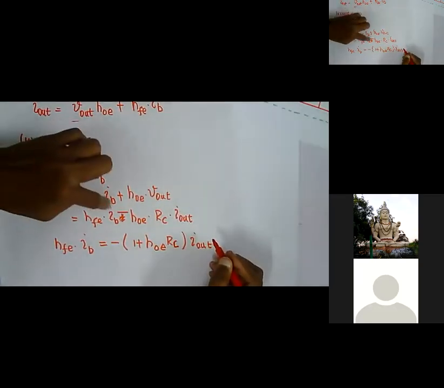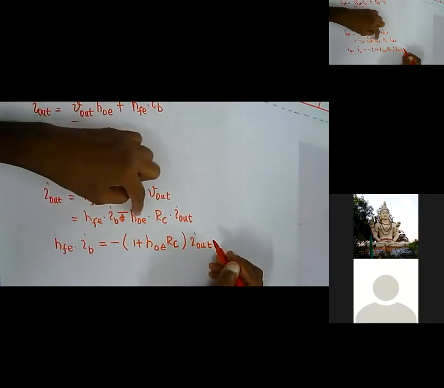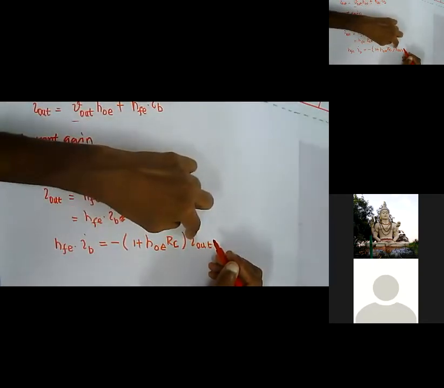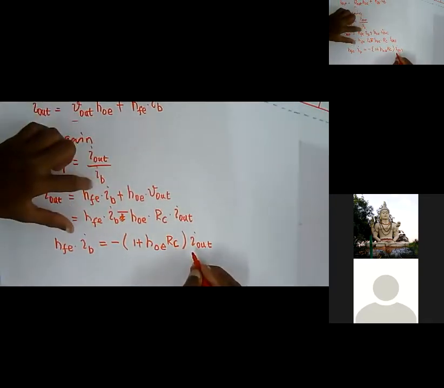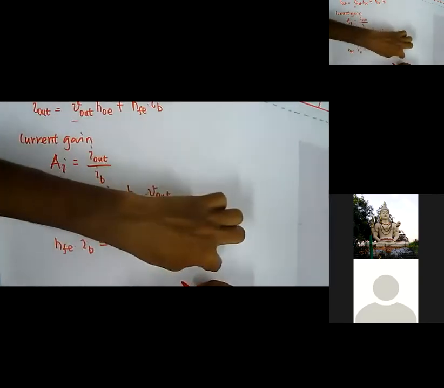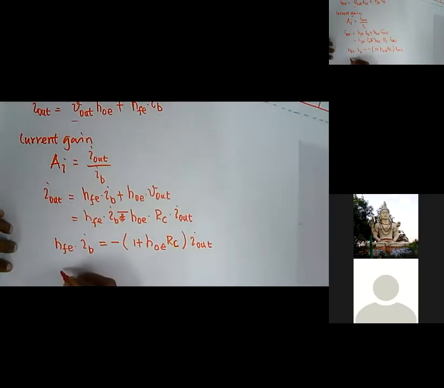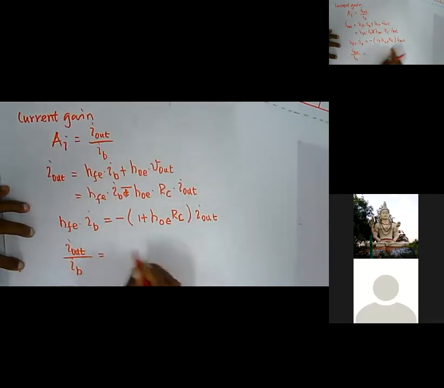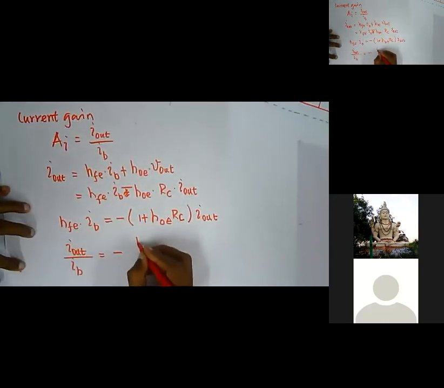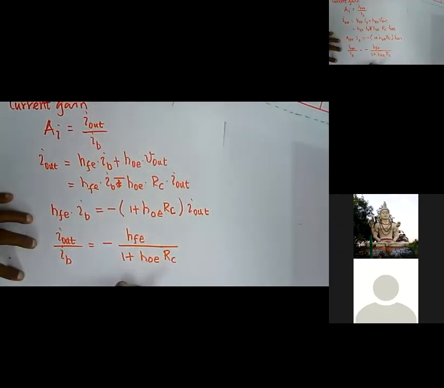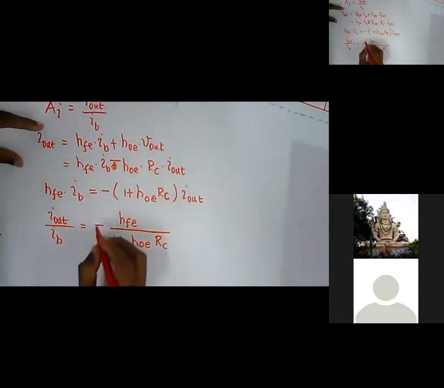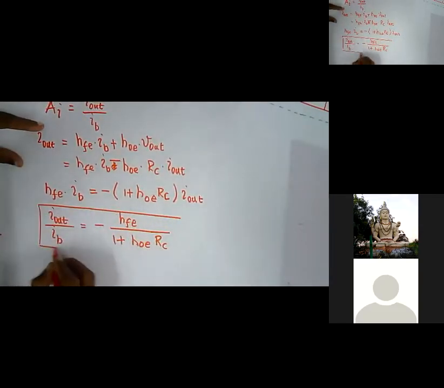I took I out common. So my gain is I out by IB, which equals minus HFE divided by 1 plus HOE into RC. Clear? So this is my current gain.